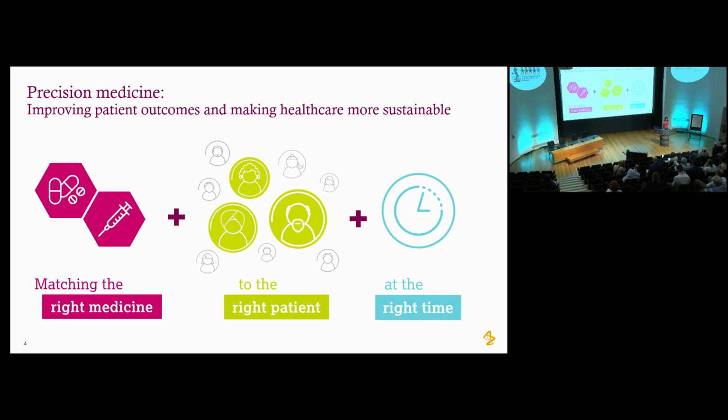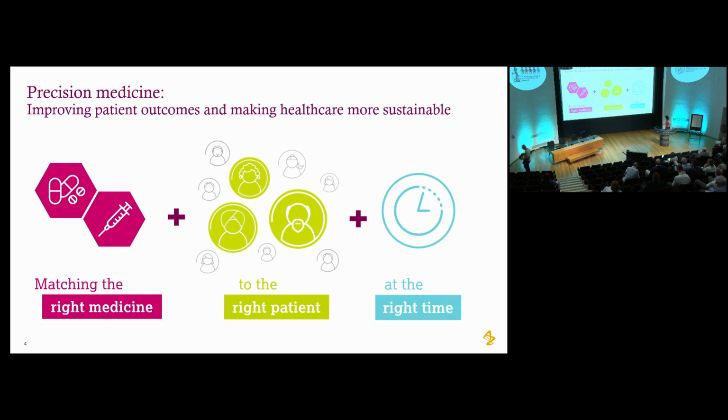And as discussed today, we know that precision medicine has really revolutionized the treatment of some cancers and rare diseases. However, for chronic diseases, precision medicine, which we define as matching the right medicine to the right patient at the right time, is not that common, even though we know that these diseases are biologically very complex and driven by multiple mechanisms.